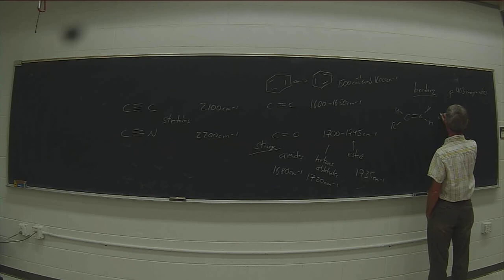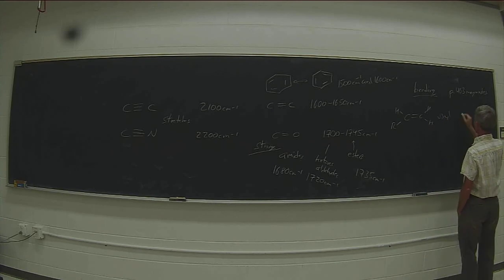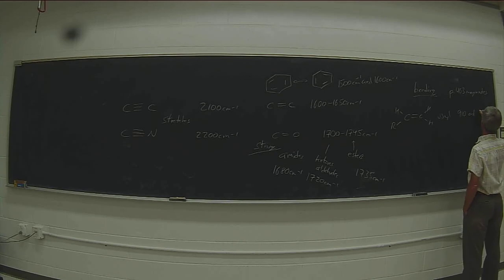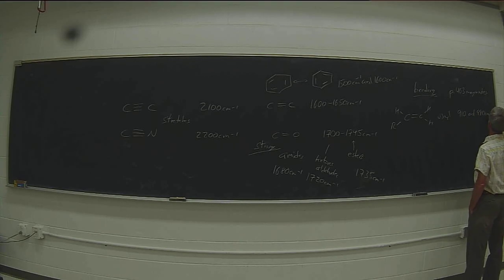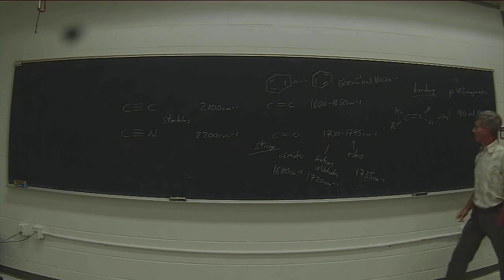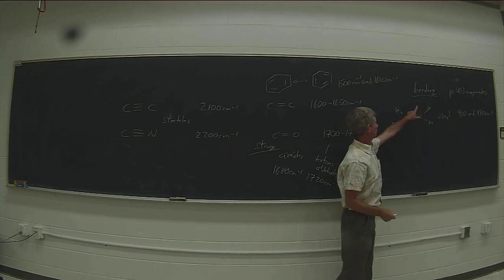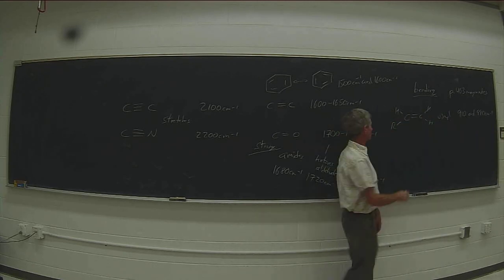So a vinyl will show two peaks, and those peaks will be about 910 and 990 reciprocal centimeters. Because you've got a cis and a trans hydrogen, you'll see two peaks.